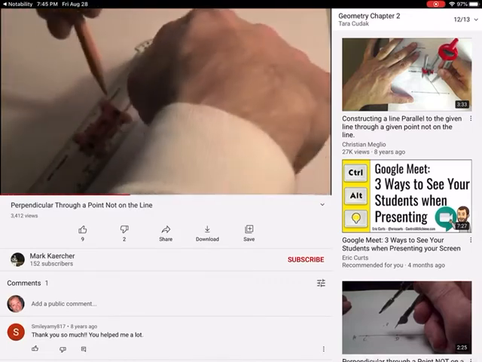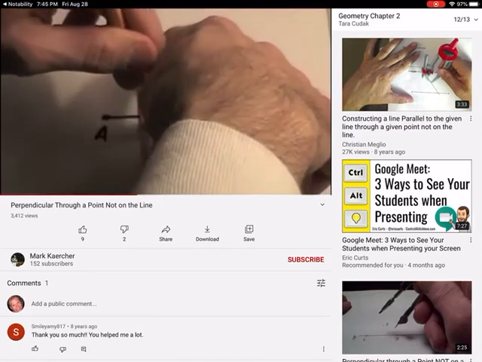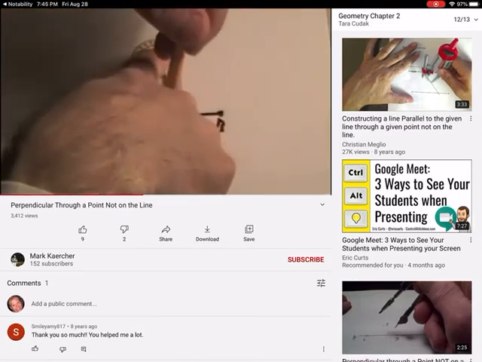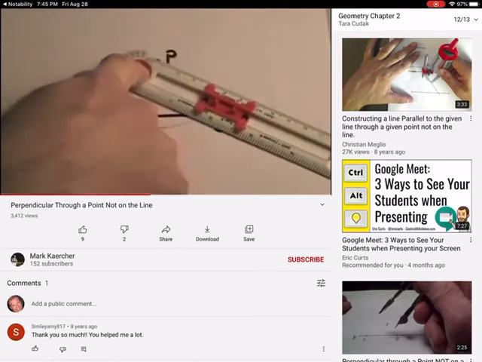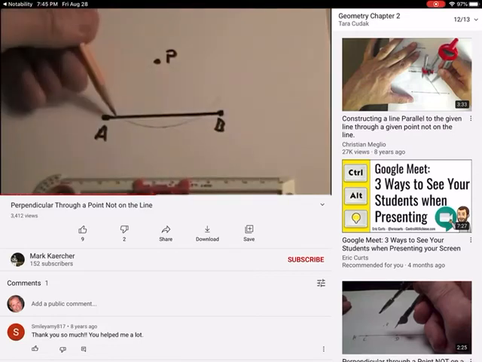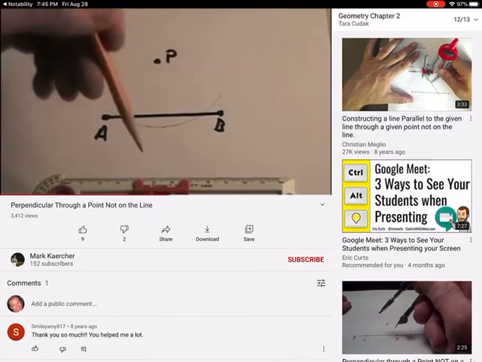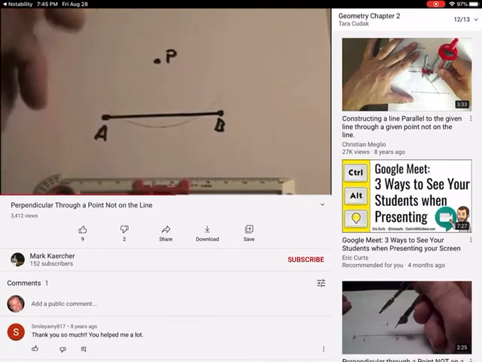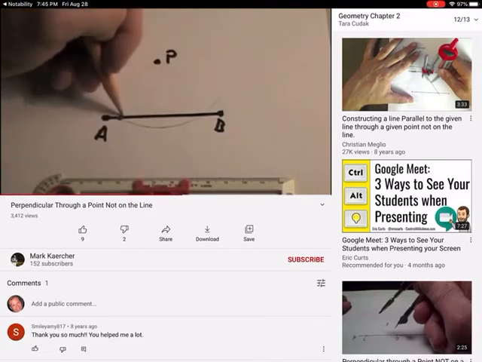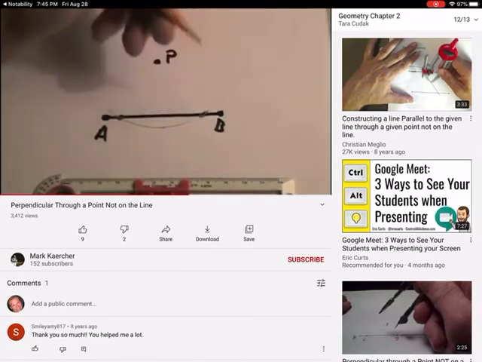So I'm going to put my finger and hold on to that compass real well and make that arc. Okay, so you can see it started over here on the left, went down underneath, and came up on the right. Don't move the slider, and you've got 2 intersection points where the arc hit the segment.